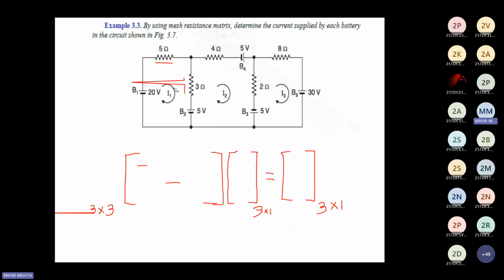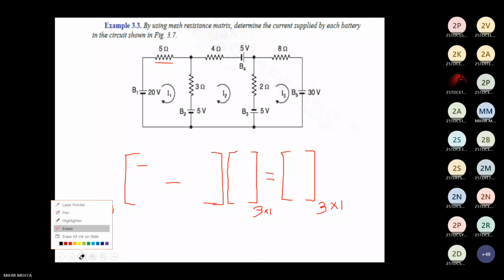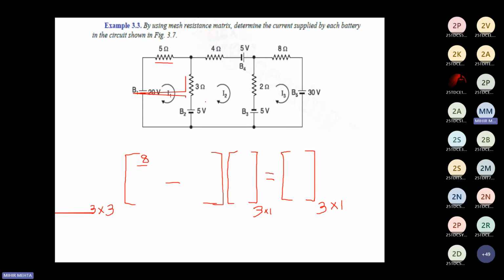So my R11 becomes 5 plus 3, that is 8. Similarly, when we talk about R22, that is the overall resistance connected with my mesh number 2, that is 3 ohms plus 4 ohms plus 2 ohms. 3 plus 4 is 7, 7 plus 2 is 9. So this would be 9 ohms.